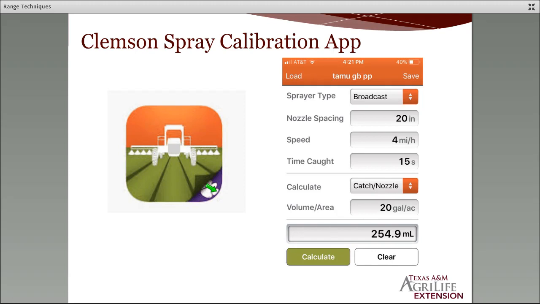But on pastures, it's hard to hold that consistent speed and maintain equipment in working order, especially if you have wild hogs on your place. It'll tell you how long you need to catch. What this right here tells you is if your desired output is 20 GPA, you need to catch 254 mils in that 15 seconds.